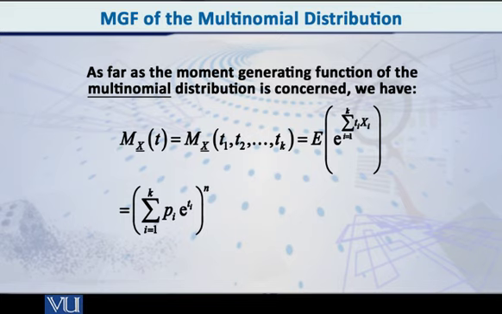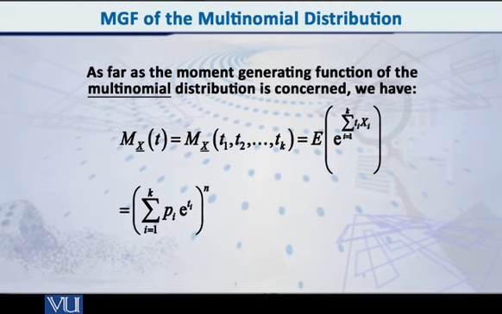So M_X(t1, t2, so on up to tk) is equal to, according to the definition which I just gave, expected value of e raised to summation ti xi, where i goes from 1 to k.